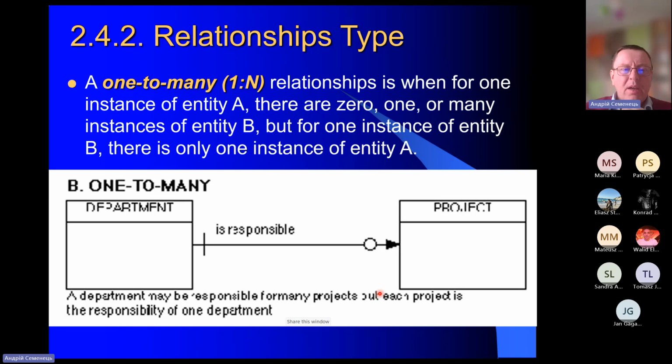In a one-to-many relationship, one instance of entity A has zero, one, or many instances of entity B, but one instance of B always refers to only a single instance of entity A. So here we have the ER diagram to reflect this case.